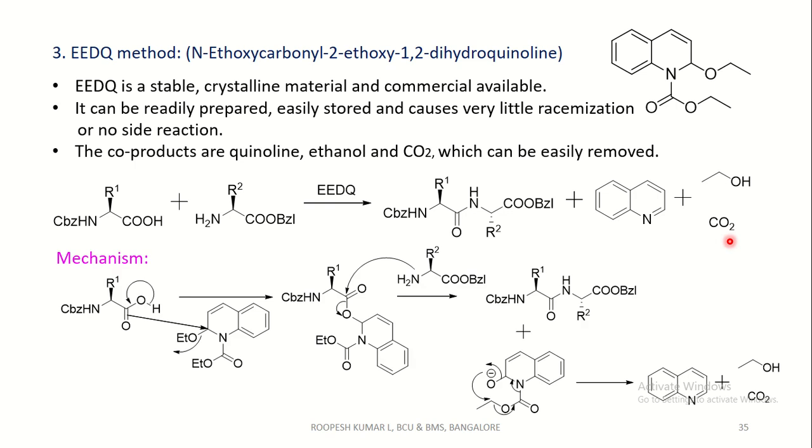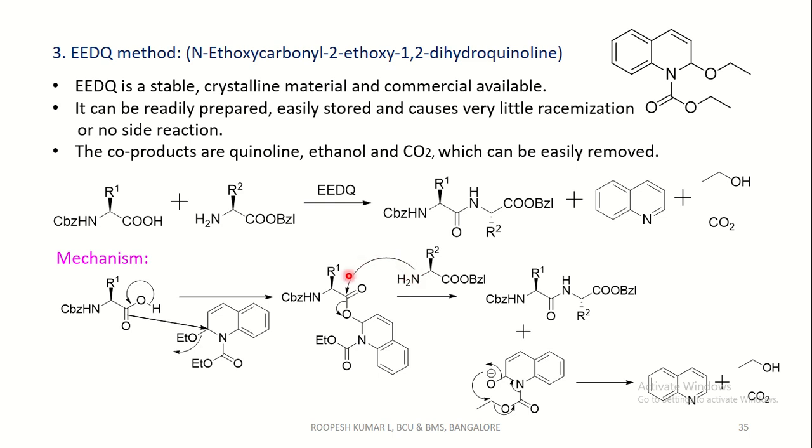Coming to the mechanism, this oxygen, with the loss of a proton, the bond shifts here and the double bond comes and attacks the second position of this moiety, and the ethoxide goes out with the formation of this adduct. To this, a benzyl-protected amino acid is added.